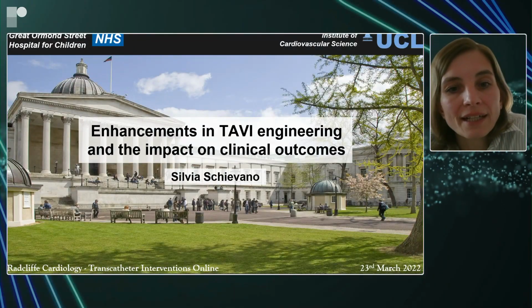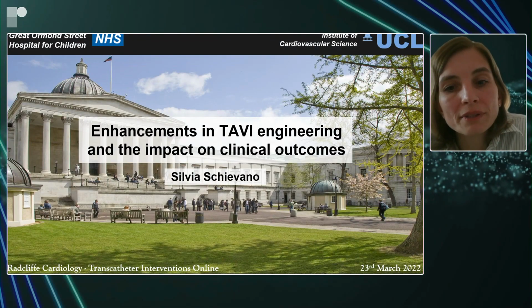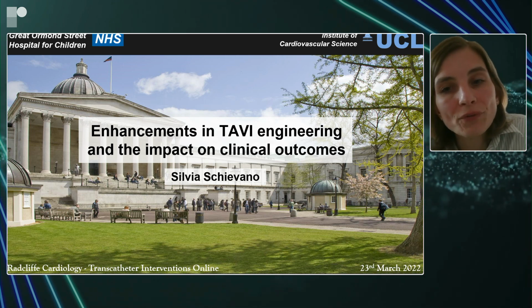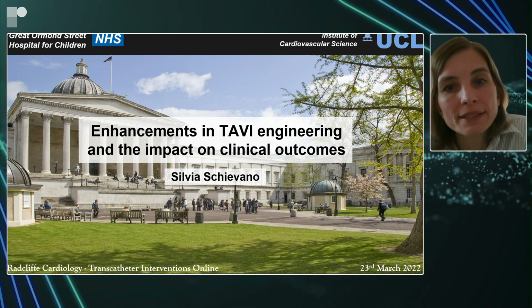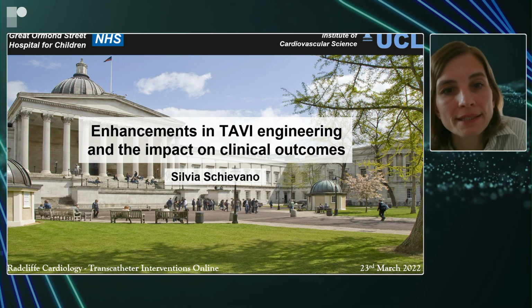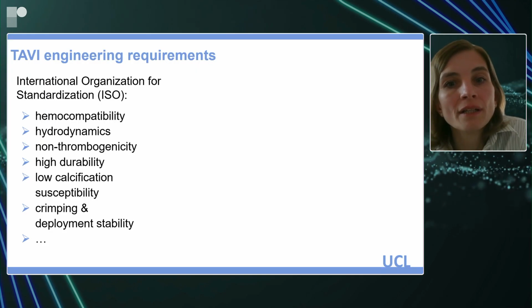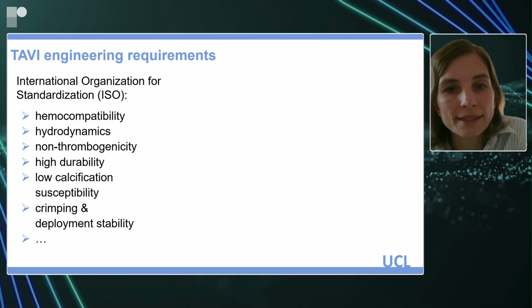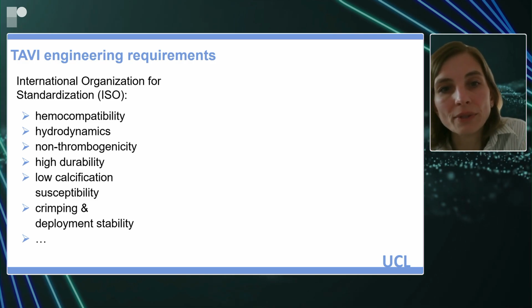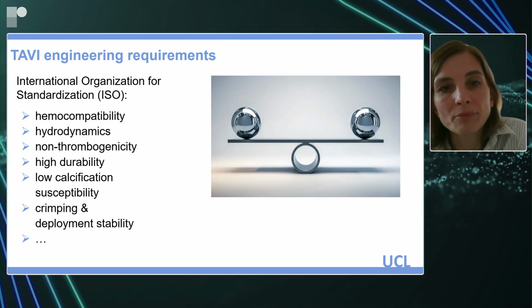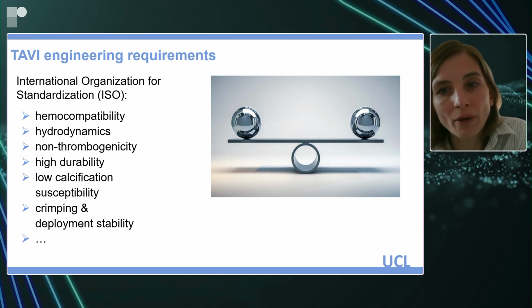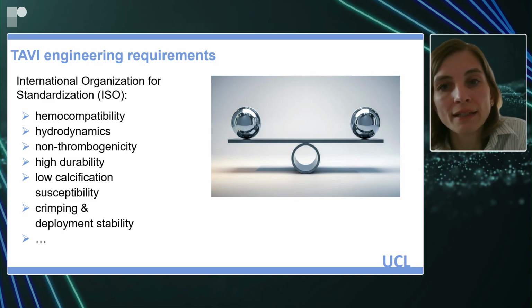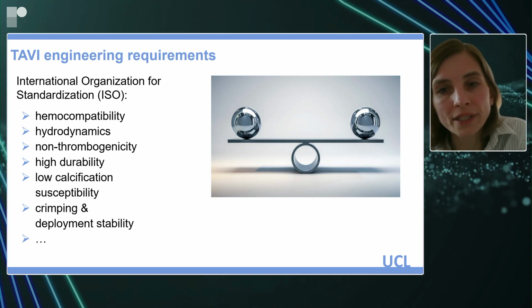Thanks, Dave. And in this presentation, I will try to provide a brief overview of the engineering requirements and the latest announcements in TAVI technology. In terms of requirements, these are regulated by standards, and what the engineer needs to do is really to try and balance between several different requirements in terms of device design that sometimes are contradictory.